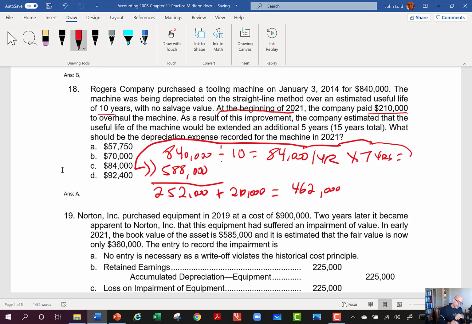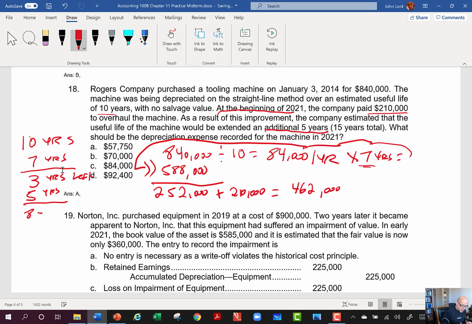Well, they tell me in the problem that it's an additional 5 years. So if the thing originally started out with what? 10 years, right? They've depreciated it. We just counted on our fingers to figure out that they depreciated that already what? 7 years, means it had what? 3 years left. But then by overhauling that engine, I just added 5 years to the life, the problem told me.